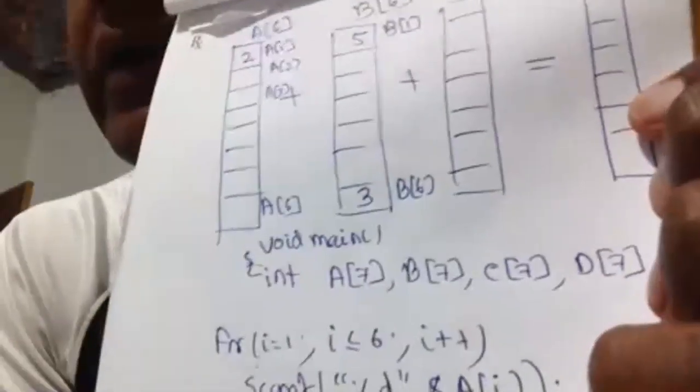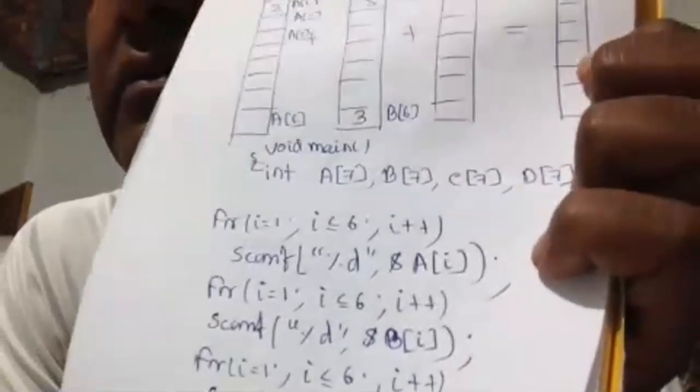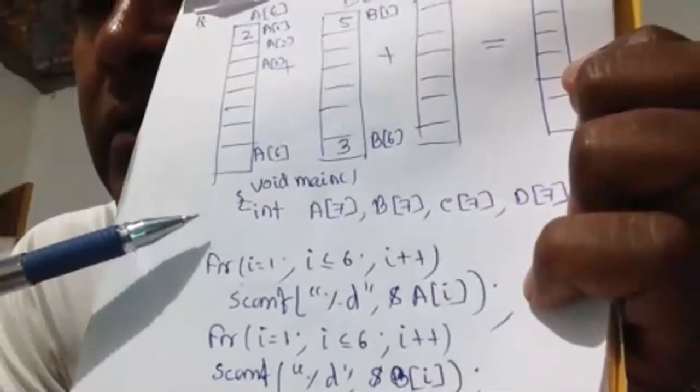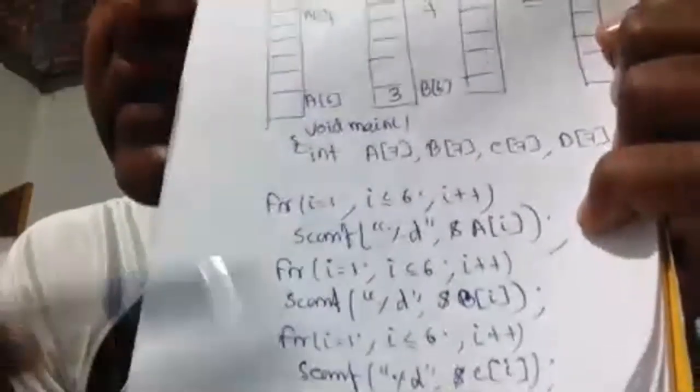If I start from void main, starting brace, anything is missing? Yes, the declaration of I. At the same time here you declare I. I missed that one, because I is used as a variable.